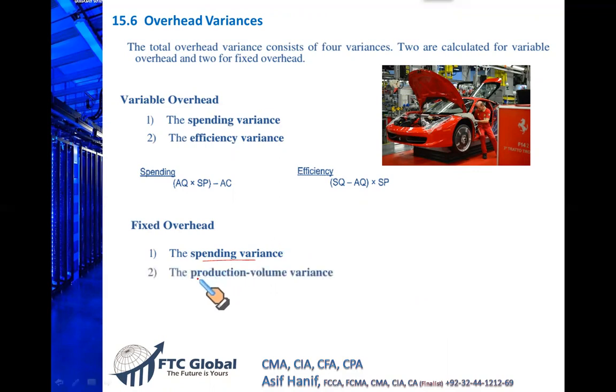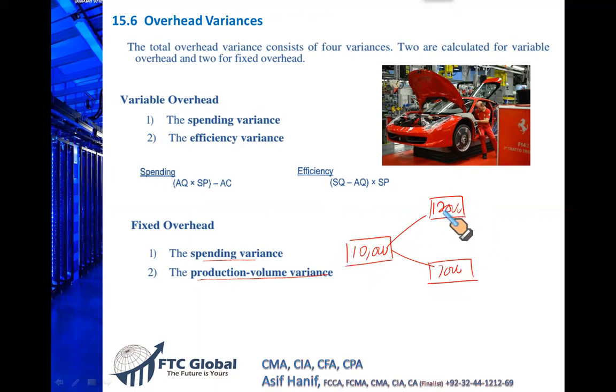The production volume variance shows how many units we planned to produce. Let's say we plan to produce 10,000, but we produce more, maybe 12,000, or maybe less, maybe 7,000. So this is the original volume we planned. Sometimes we might produce more, sometimes less.